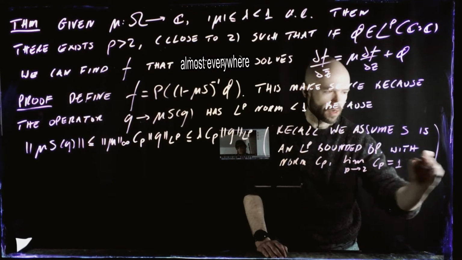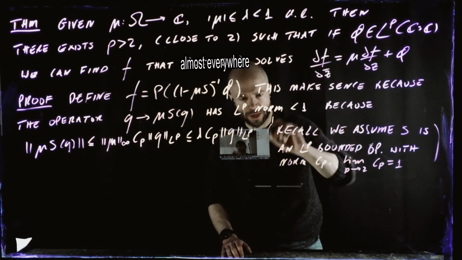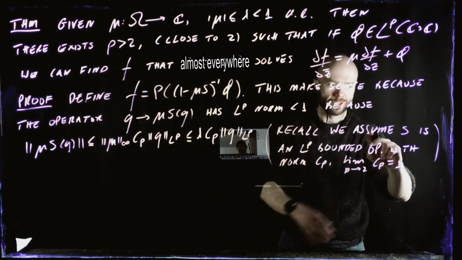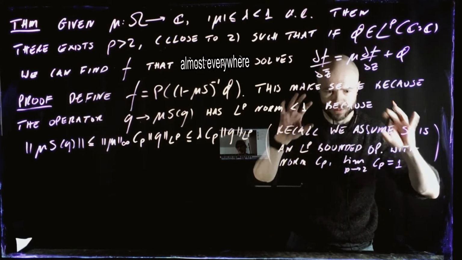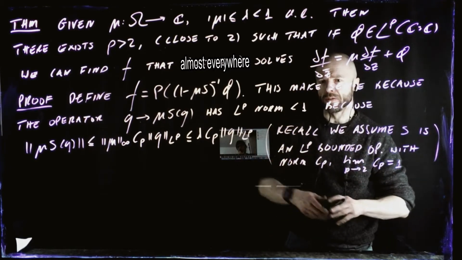This is our assumption. We're later going to prove that, and that's going to be a non-trivial thing indeed. That's going to use theory of singular integral operators. But just assuming this for the time being, we're going to show how we can solve the Beltrami equation.